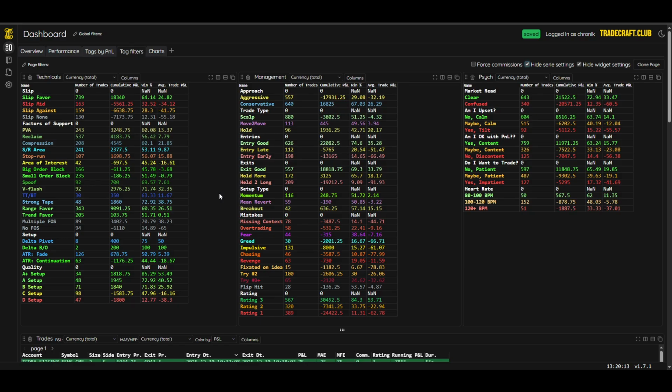Actually, these are individual tags, so we'll just do it like this. I have MFS. A plus isn't really. Reclaim assisted breakout. 3-minute play.